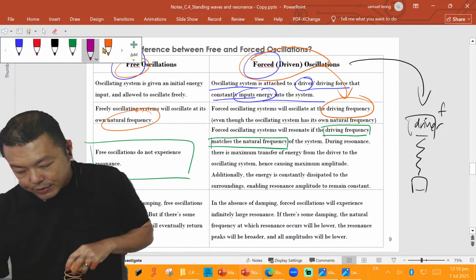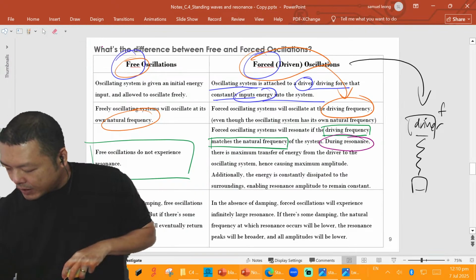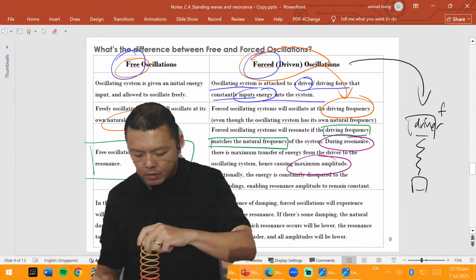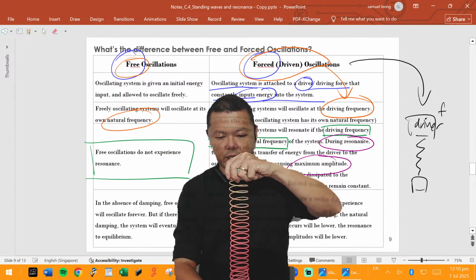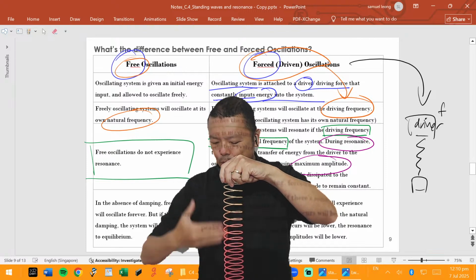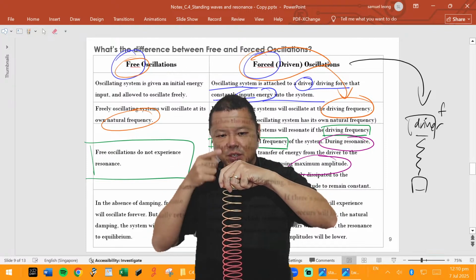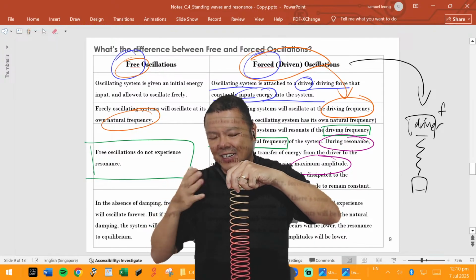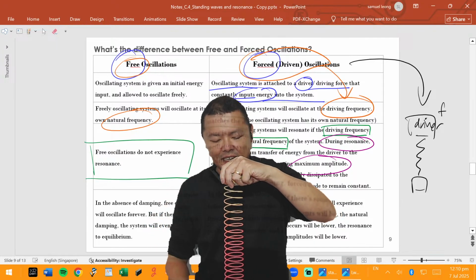So I'm going to try to demo that in class. I'm not too sure whether I'll be successful in doing this. So I'm going to try to demonstrate this. I don't know exactly what the frequency of this thing here is, so I'm just going to adjust my hand movement to see whether or not I can get a resonance out of this spring here.